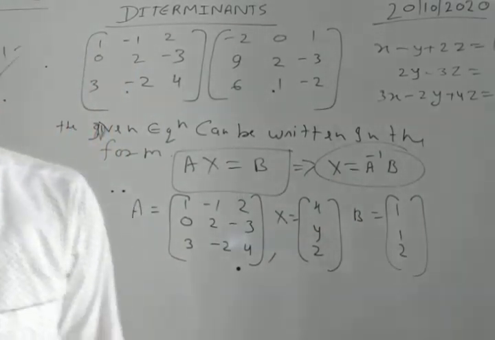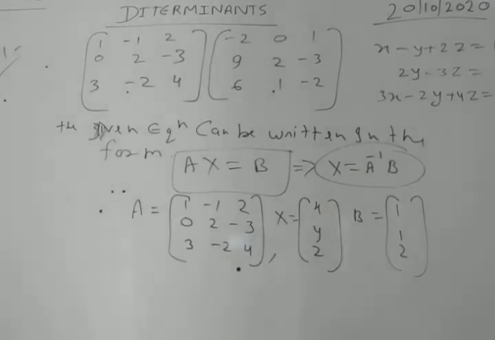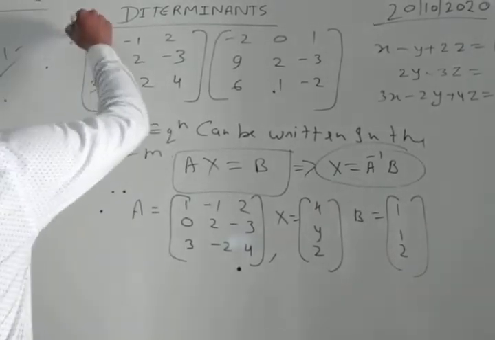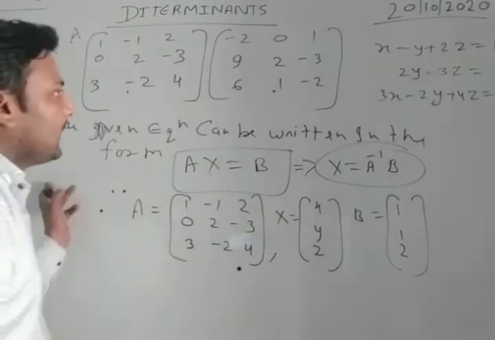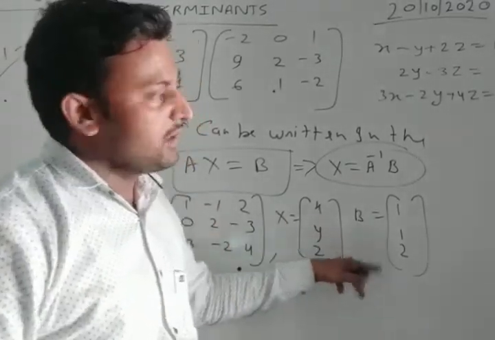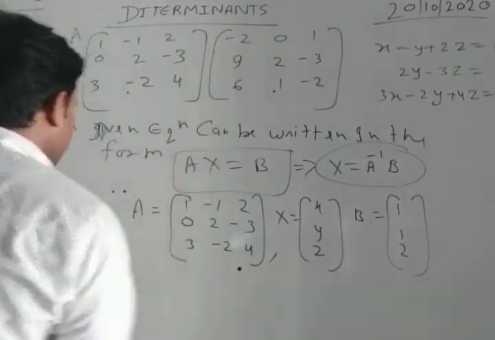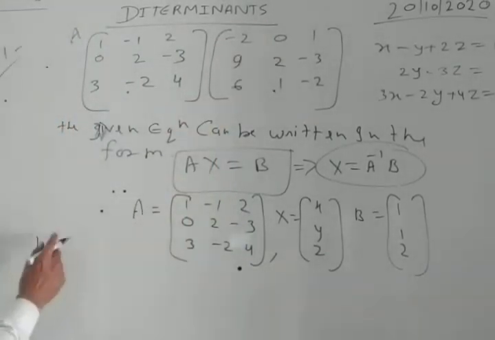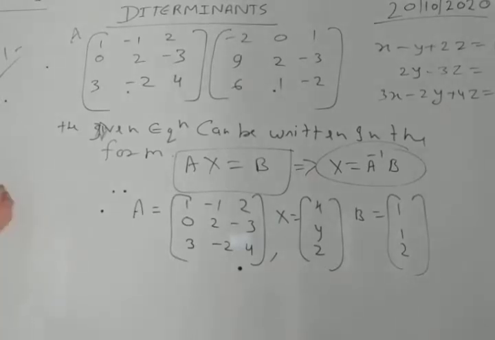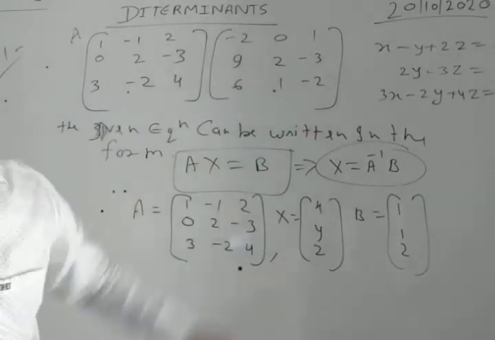So our priority is to find A inverse. This is our A, and this is B, and let this matrix be C.